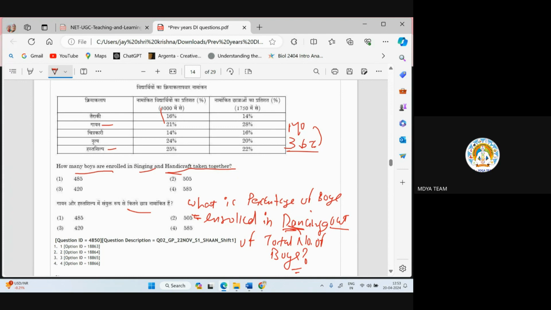Okay, this is the most complex question that can be asked from this table. Try to solve this, then we will move to the next table.